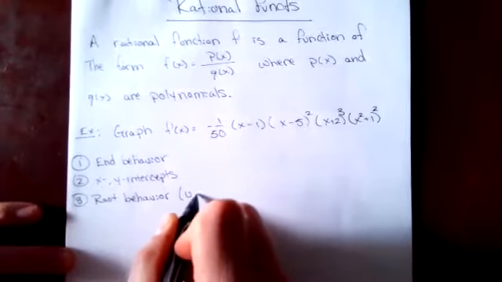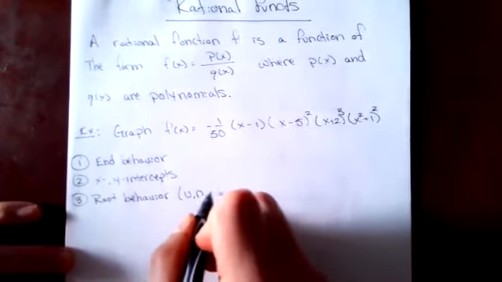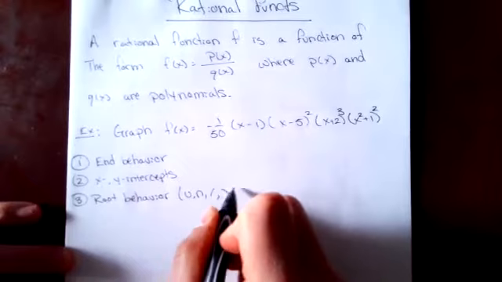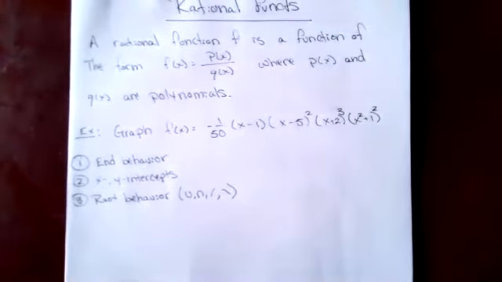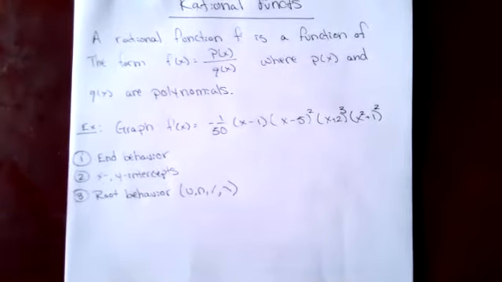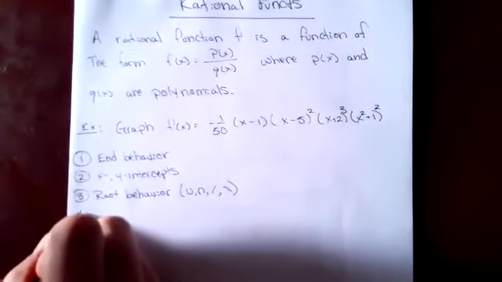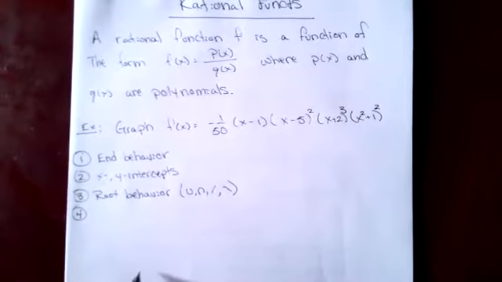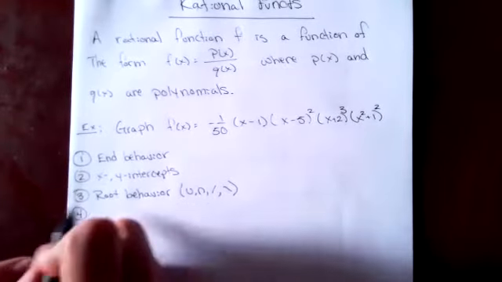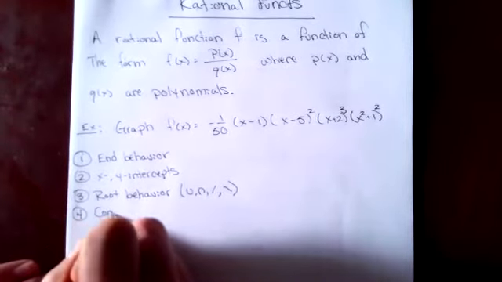Those were all of our signs, all these little tick marks or U marks, whether we're crossing or bouncing off of the x-axis. And then our last one was to just connect everything.